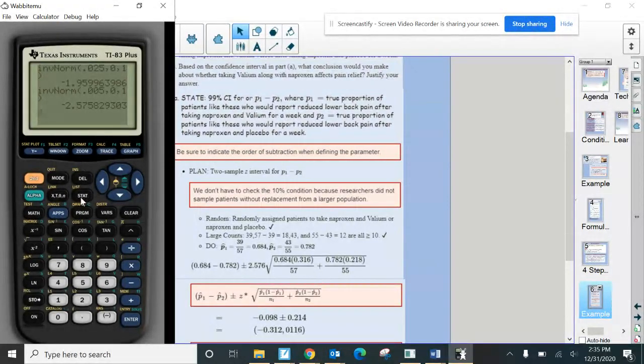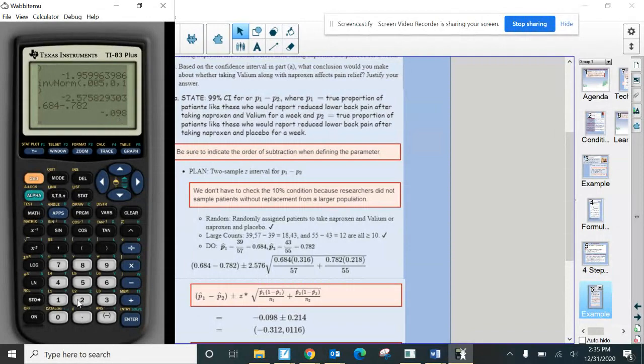I also want to point out the tech corner on this. I know it's on the next slide, but a lot of times in this do step, we can do it on the calculator. When we do our 0.684 minus 0.782, we get negative 0.098.